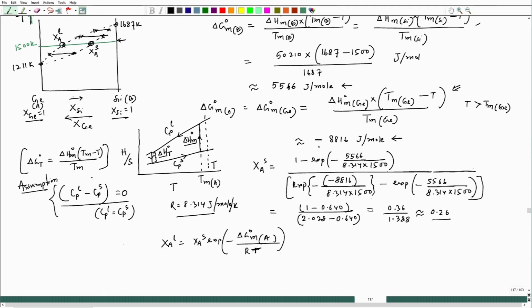So A is considered to be, this is for solid solution composition, and this is liquid solution composition.